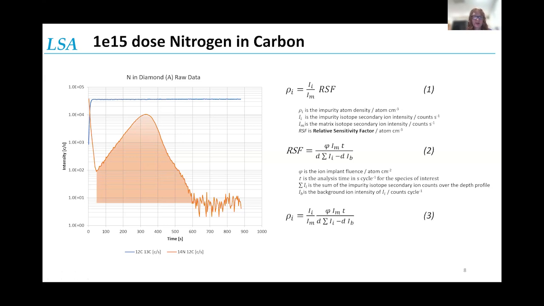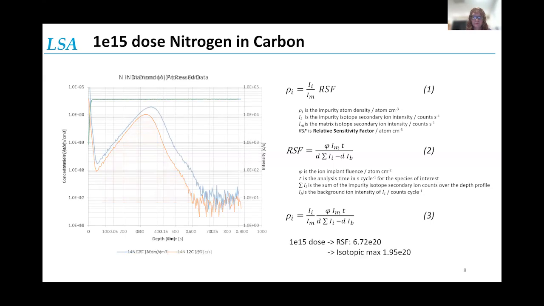And when we add these two equations together, we can then use a known implant to quantify an unknown sample, providing it is of the same matrix. So here we have our process data. We know this is a 1E15 dose under the curve. If that area is equal to a 1E15 dose, from that we can work out what the concentration is, what the highest peak concentration is, and what our backgrounds are, which is our detection limits.